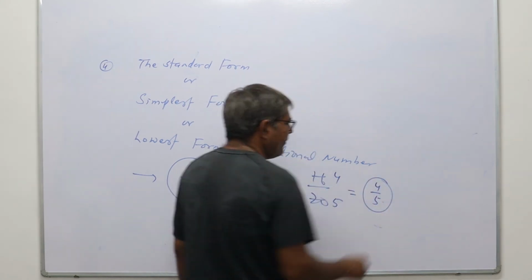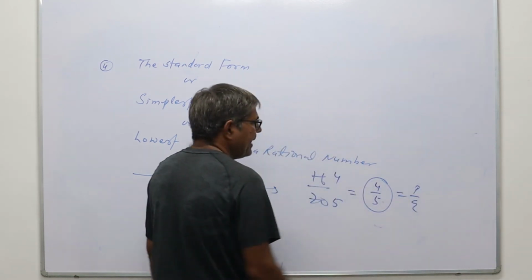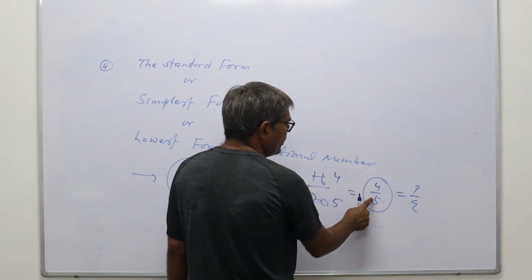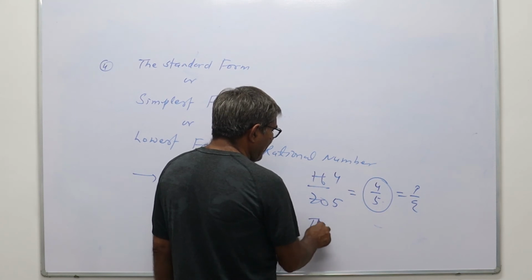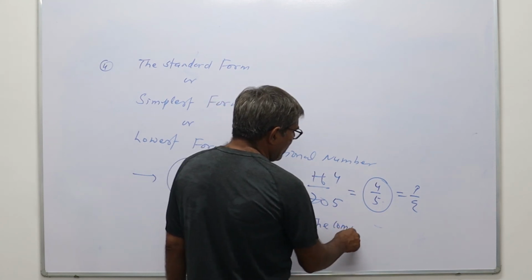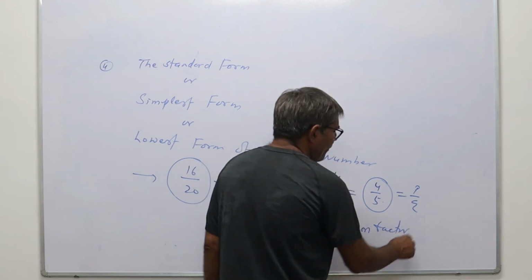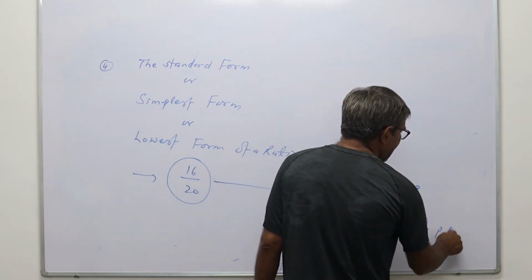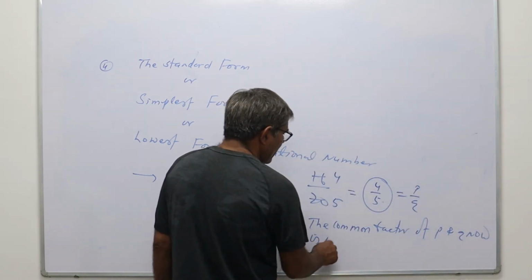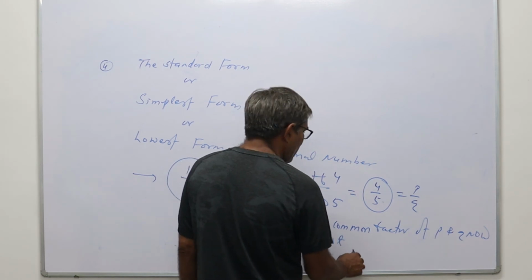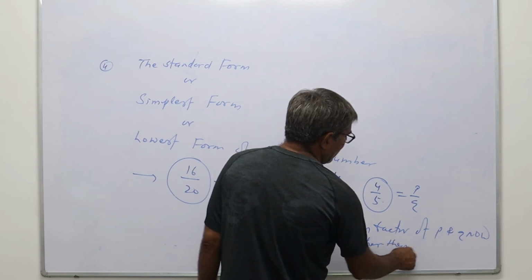Now see, if we compare it with P upon Q standard form, then P is an integer, Q is also an integer, and the common factor of P and Q is now none other than 1.